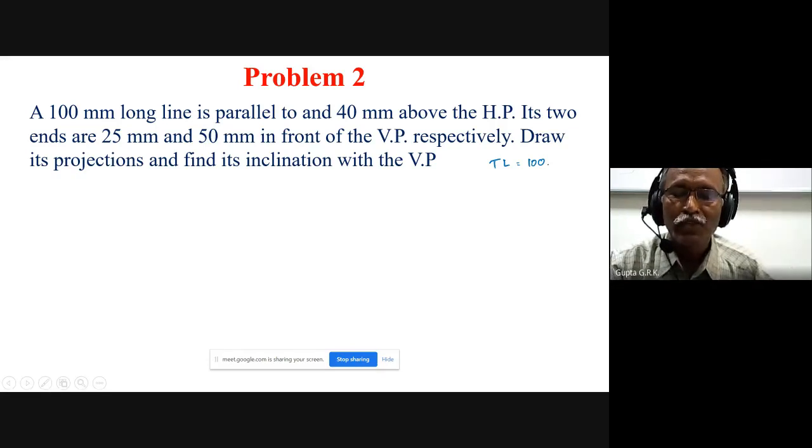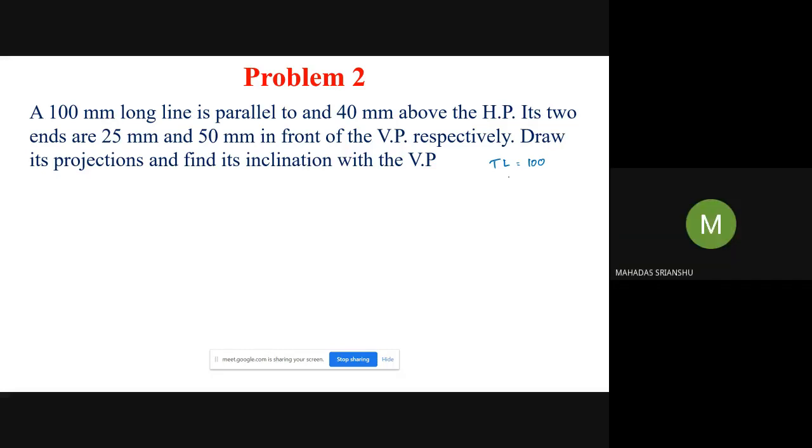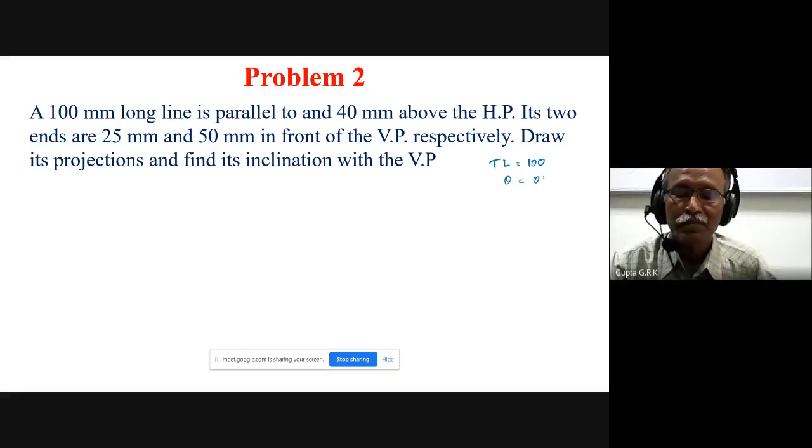It is parallel to HP and 40 mm above HP. So it must be inclined to VP. Parallel to HP means which angle is 0? Theta is 0.